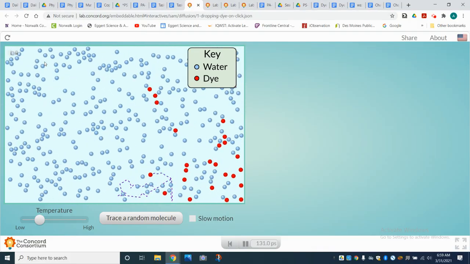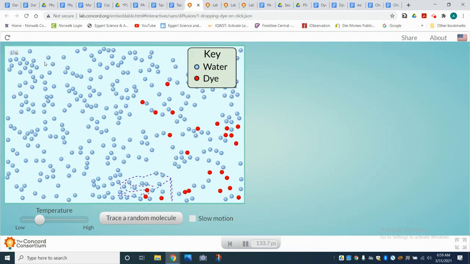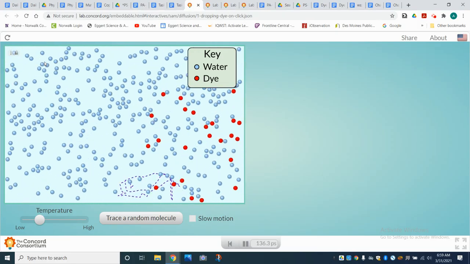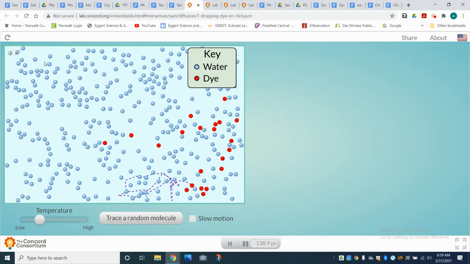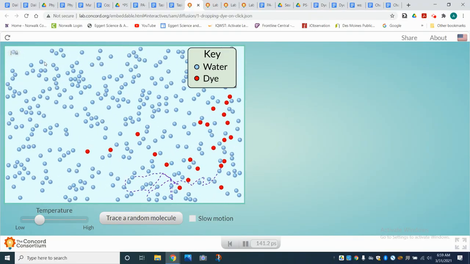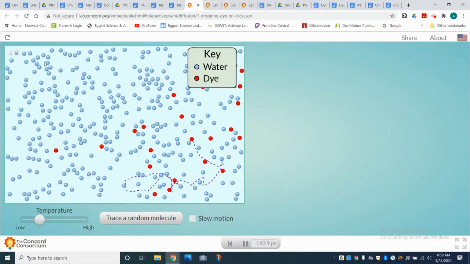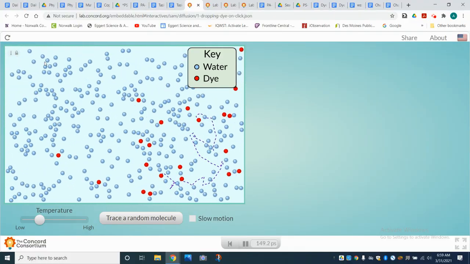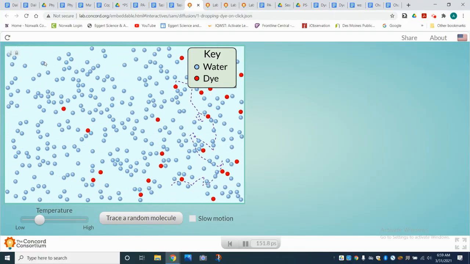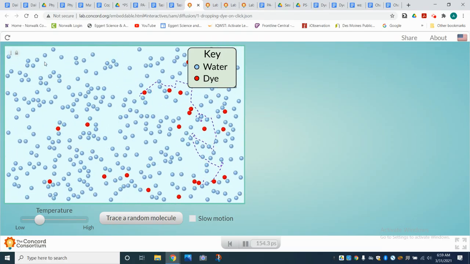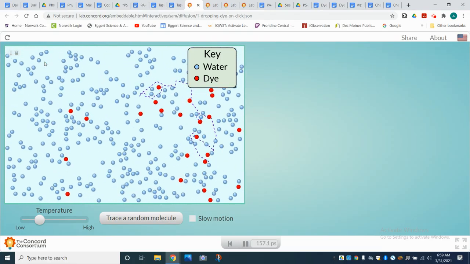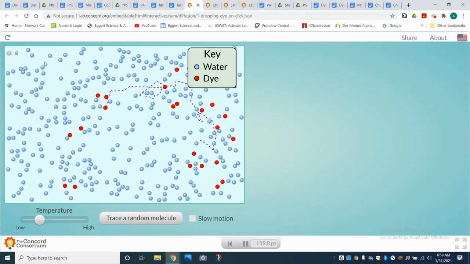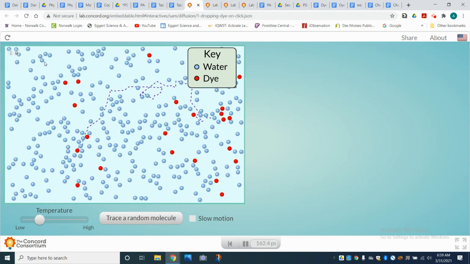There needs to be collision for random spreading. And you should probably also note space between particles is a major idea. Think about if there's no space between the particles for the dye to pass through or to ricochet through. I don't think we'd have the phenomenon of diffusion at this point. So make sure you have notes down, your own responses on questions 1 through 5 on the in-class guided activity 1.